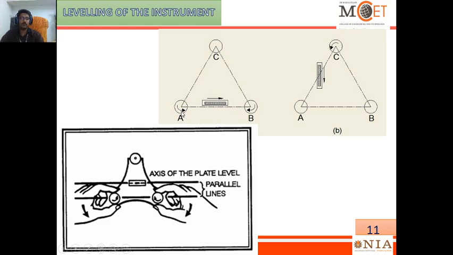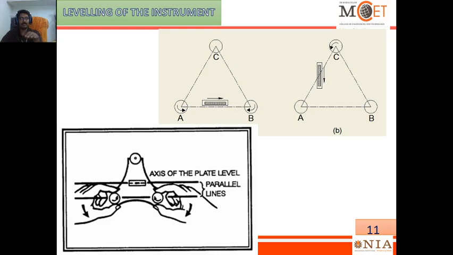First you fully tighten all the foot screws, right? Then loosen all the foot screws by a single hand, either 10 or 15 rotations. All the foot screws you loosen, right? Then all the things will be, I hope, at the same level.